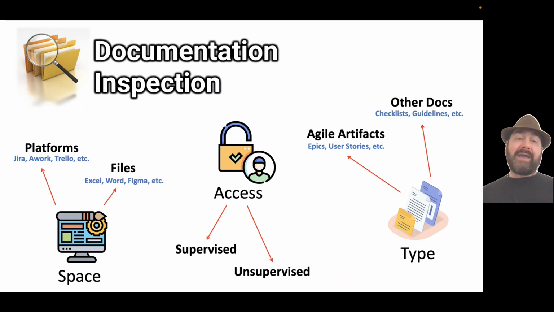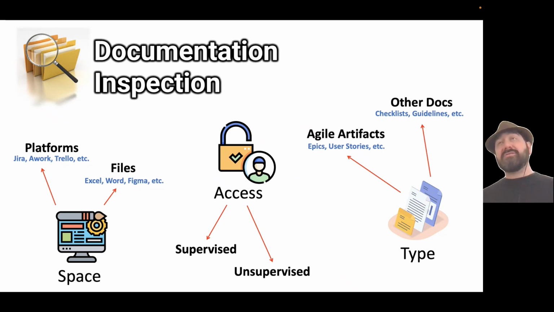And the document inspection, let's say, went according to the access the company gave to us. So in some cases, we have access to platforms like Jira, Trello, or to some files they use like Excel, Word files, right? The access for some companies was supervised, so we browsed their documentation with some kind of surveillance.